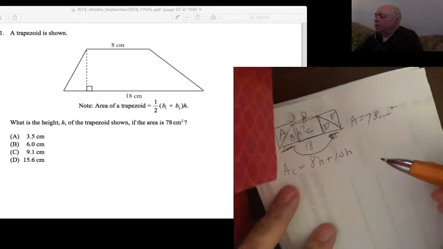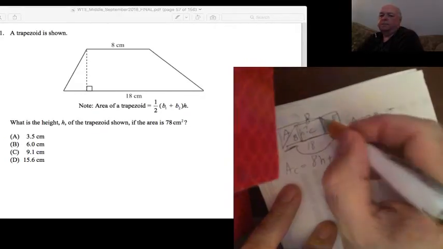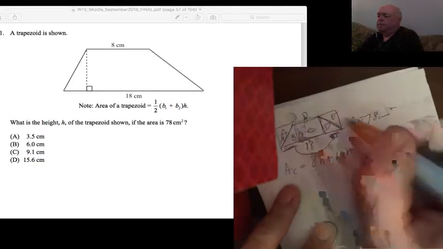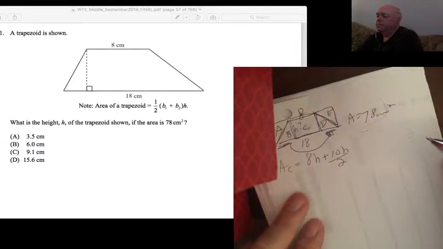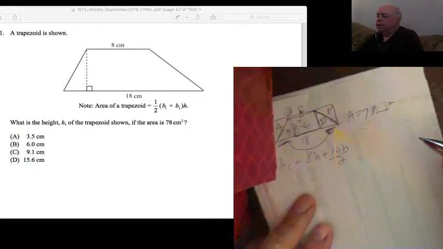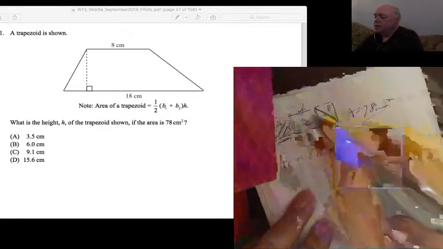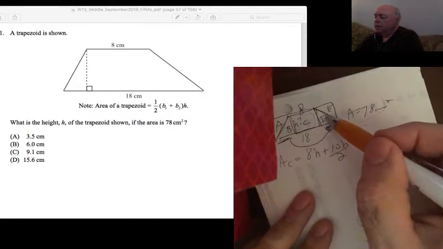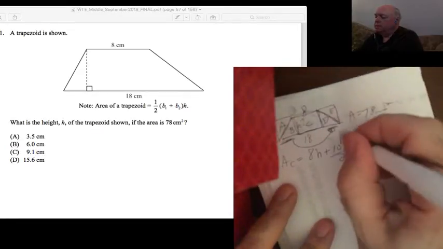But because this is a diagonal for A and B and D and E, if we divide by 2, then we have what we need. Because that's going to be the center part, 8 times H. And then if we combined A, B, D, and E, that's the remainder space.